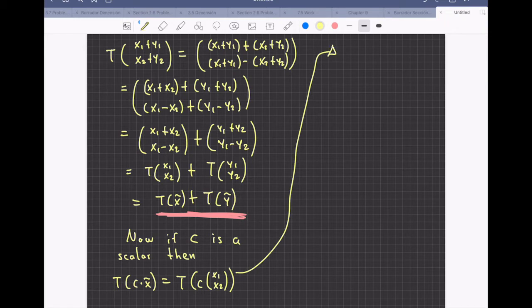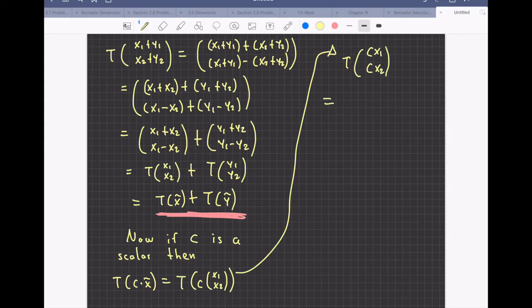Because again, these are elements in R2. So how do we do this scalar multiplication in R2? Well, multiply each element, so it will be (cx1, cx2), and now apply the transformation.